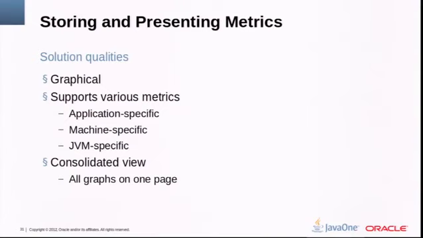Second thing, we included various metrics. Of course, most importantly, we want to see the metrics which Ashish told you how to build: latency and throughput. But as I said, there are always those system-specific metrics which affect your application-specific metrics, and that's why you want to take a look into those as well.